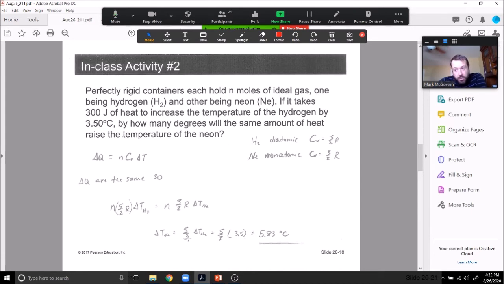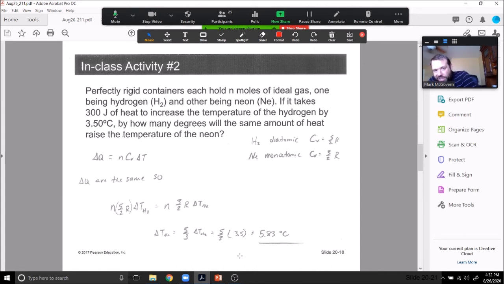We take the temperature difference that we know hydrogen's doing, 3.5, and increase that by a factor of 1.6, we get 5.83. So it's just a matter of managing the 5/2 and the 3/2. We equate the heats to each other, and from there we get our increase in temperature.